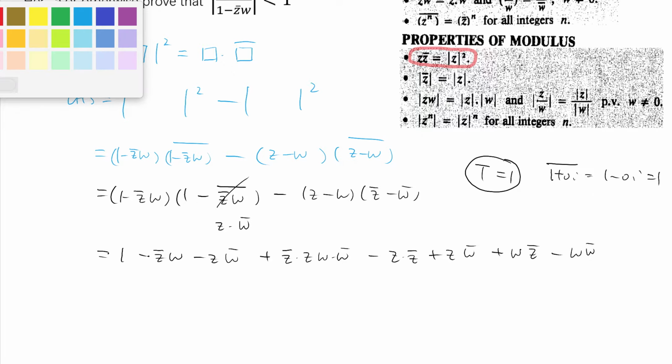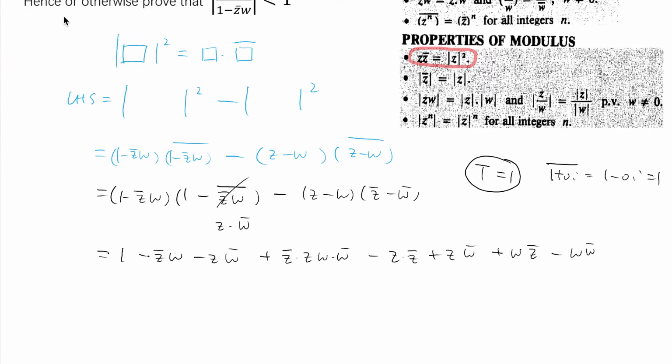And then we can see there's lots of common things, we can cancel them out. So this term cancels out with this term here, and this term cancels with this term here.